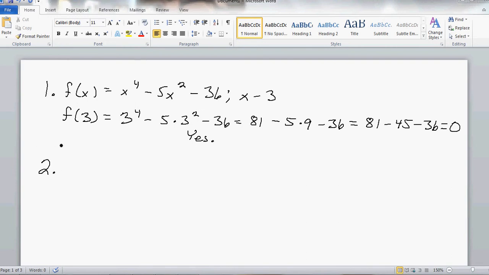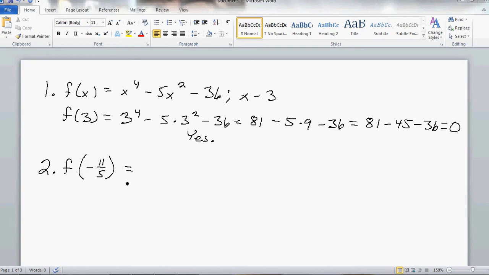So number 2, we have f of x is given, and we're asking x plus 11 fifths. Well, all we have to do is plug in negative 11 fifths into f, and if that equals 0, we're good.